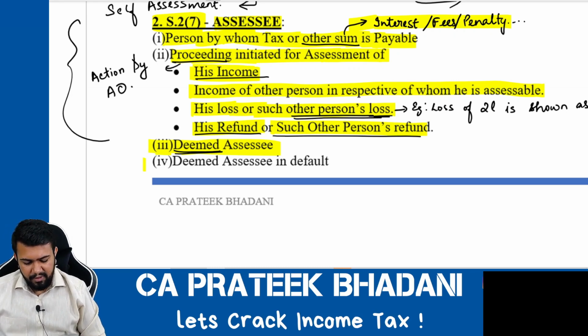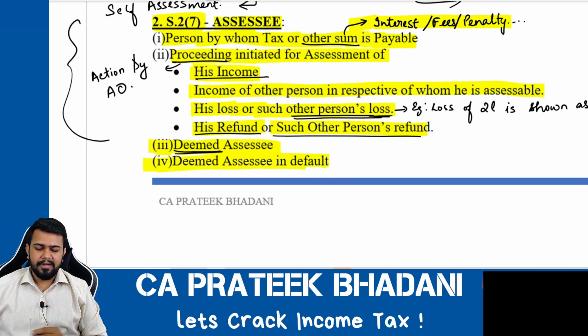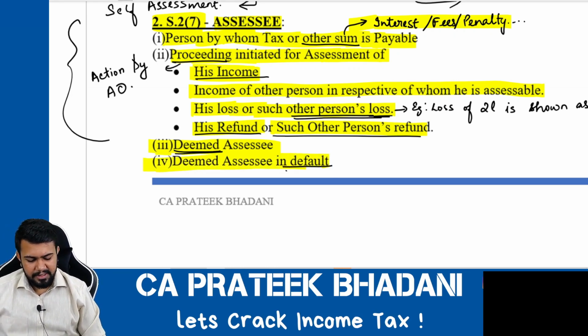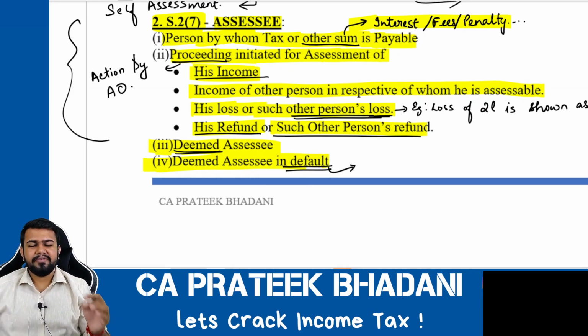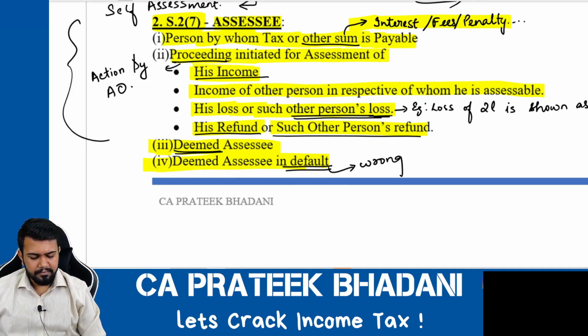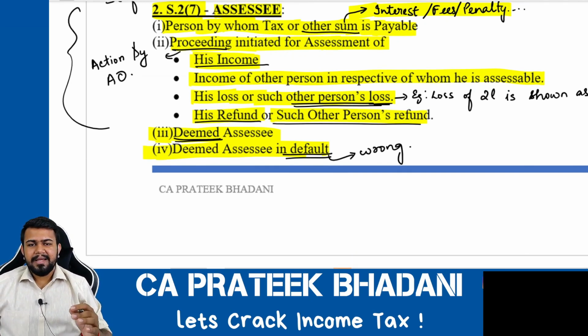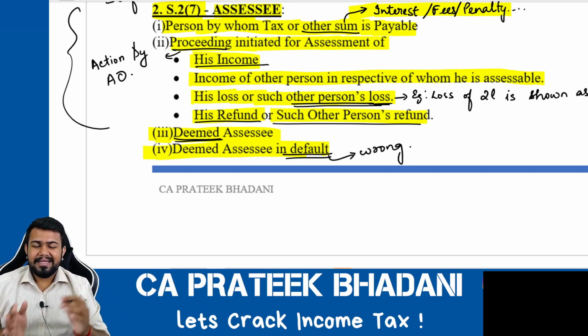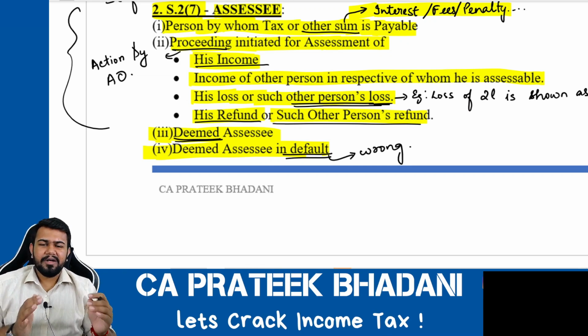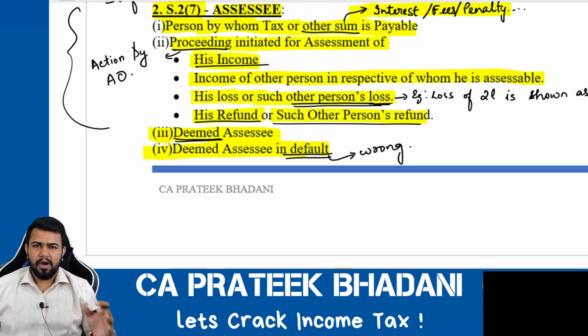Similarly, number 4, deemed assessee in default. Assessee in default means what? The word default itself is used for some person who has done something wrong. So if any person is an assessee in default, then obviously he will also become an assessee. Assessee in default means an assessee who has done something wrong.